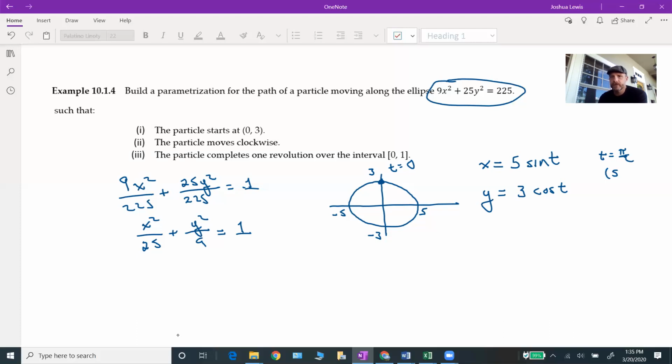And 3 times, oh, look at that. So we are moving in this direction, because that would be time equals pi halves, okay? All right, so right now, I've got where I start, and I've got the correct direction. What I don't have is the fact that I need this thing to go around over the interval 0, 1. Well, I think we can fix that.